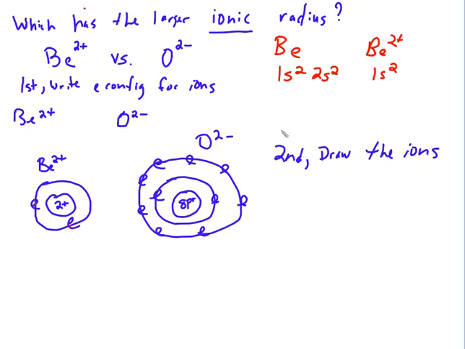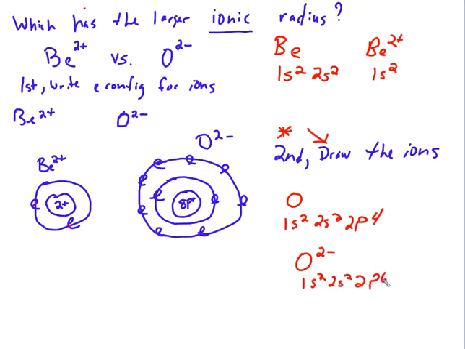A big tip here is, after you write the electron configurations, draw a picture. That will really help you. Now let's look at oxygen. Oxygen, when it's neutral, is 1s2, 2s2, 2p4. But when it becomes an ion, oxygen 2 minus, it's 1s2, 2s2, 2p6.